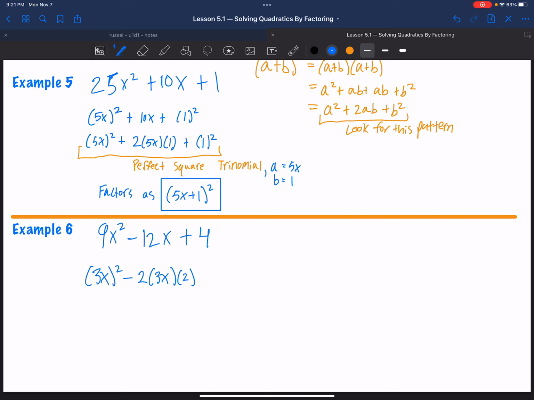Notice because 2 times 3 is 6, times 2 is 12, and then 4 is 2 squared. So this is going to factor. Notice this is a minus b squared, which is a squared minus 2ab plus b squared. You can get that by foiling that out if you want. So this follows the pattern.